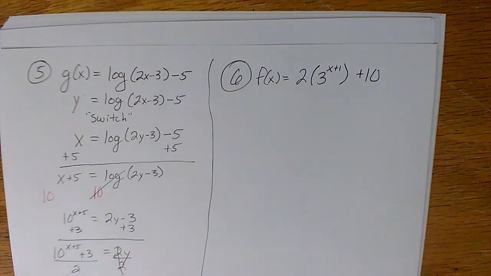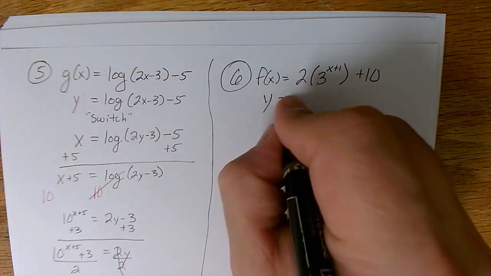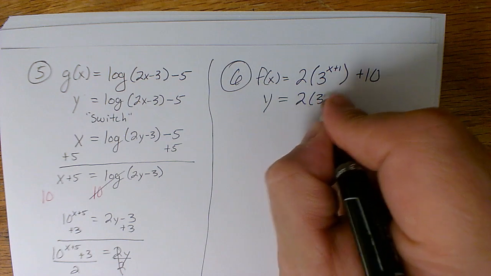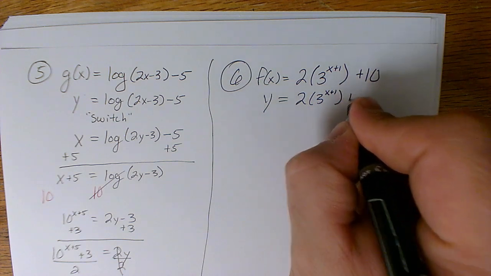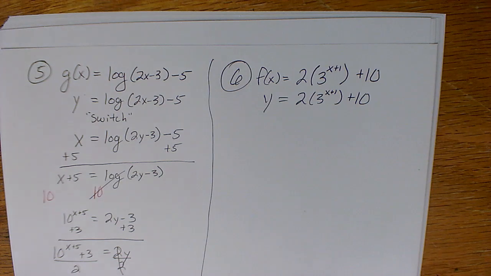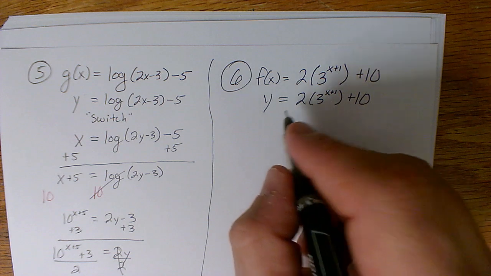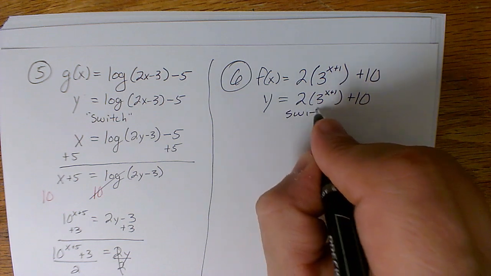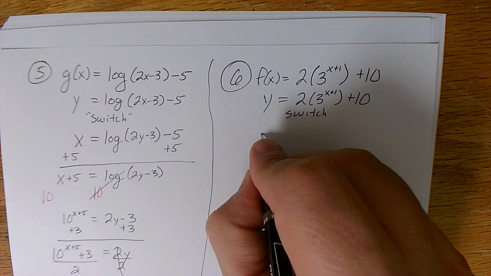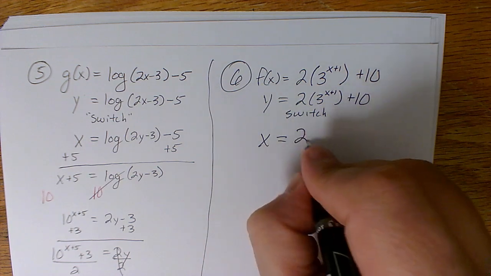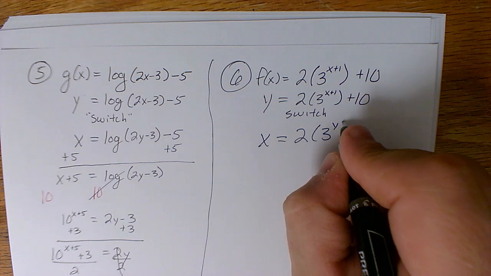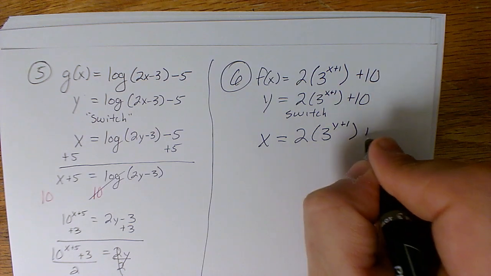So here we go. Going to switch this to y. We're going to have 2 times 3 to the x plus 1 plus 10. If you can't see, please move closer. So we'll do what we call the switch, where x has become y. So we'll have x is equal to 2 times 3 to the y plus 1 plus 10.